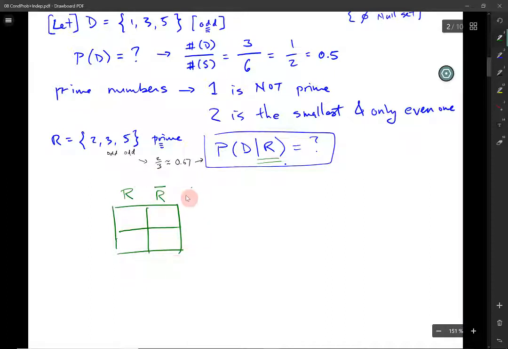These are the events that you're going to strike out, and the new sample space will be this instead of the whole thing. But if you want to do it the other way, then you would be striking out this one, and this is your new reality. That's fine. It doesn't really matter. Here we have the odd ones, and that would be not odd.